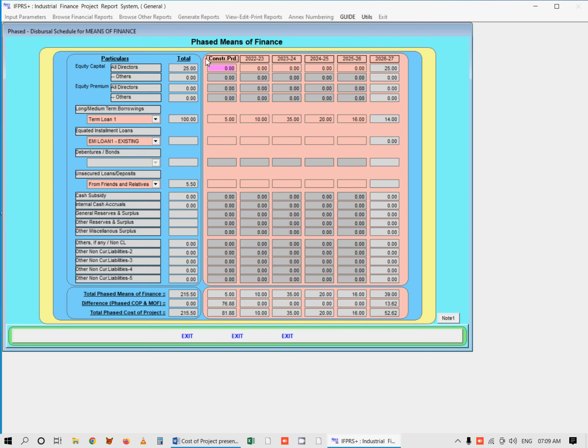You could phase out your means of finance over the next 5 years conveniently for each item of means of finance separately for each year over the next 5 years.